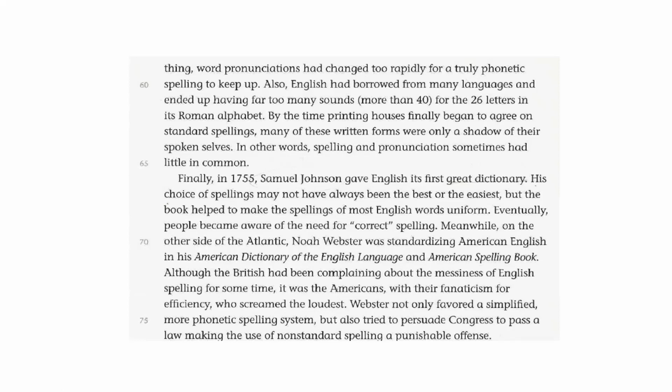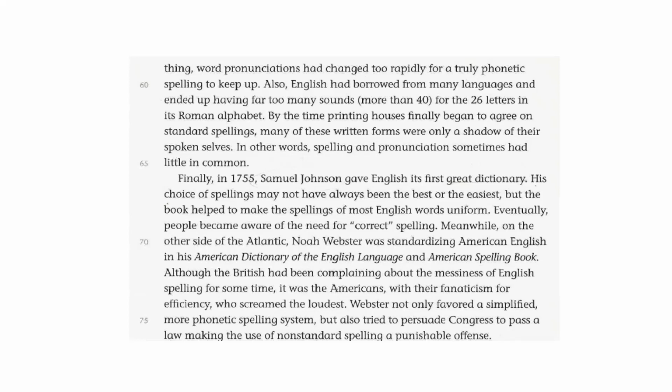Although the British had been complaining about the messiness of English spelling for some time, it was the Americans, with their fanaticism, and fanaticism means you like something so much you're crazy about it. So Americans at that time, because of the Puritan beginnings, were fanatics for efficiency. They want efficiency. They don't want chaos in the language. And they screamed the loudest.